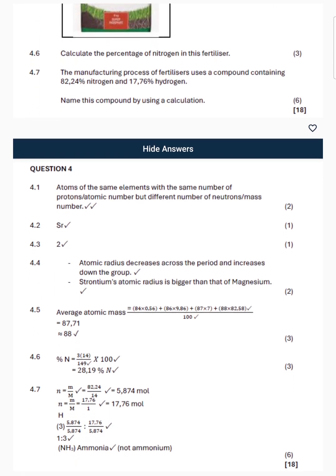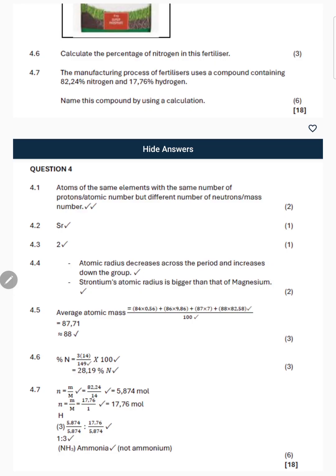The number of moles is mass over molar mass: 82 divided by 14 for nitrogen, and for hydrogen the mass is 1. Then you divide by the smallest to get the simplest whole numbers. Remember, the empirical formula is the simplest ratio, so the ratio is 1:3.